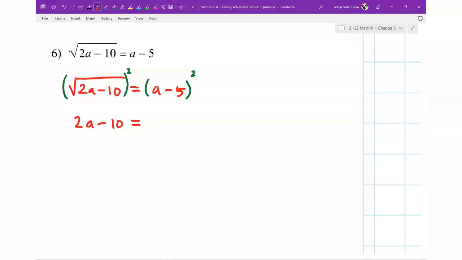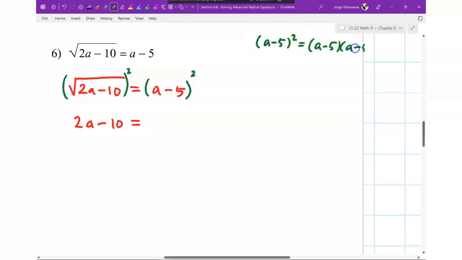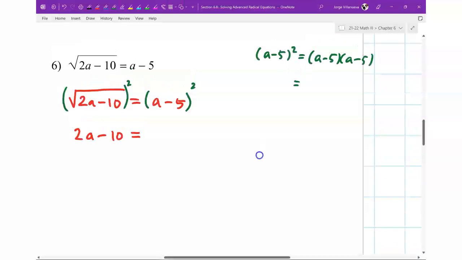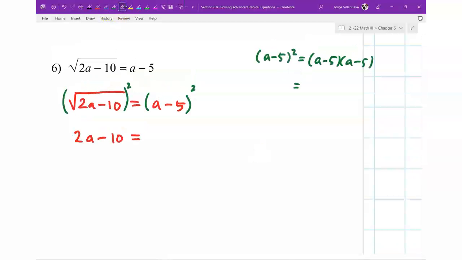But the right side, you guys are going to have to expand that. Okay? So I'm going to do a little bit of scratch work here. A minus 5 squared is a minus 5 times a minus 5. So if I do foiling, if you want to call it that, or just distribution, I'm going to get a times a and a times negative 5.